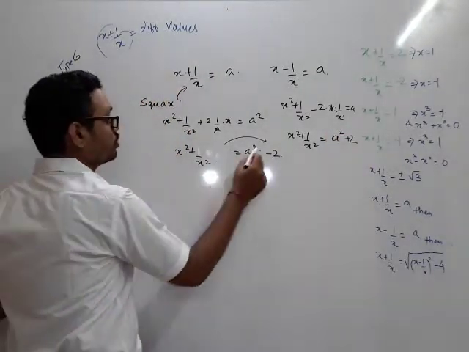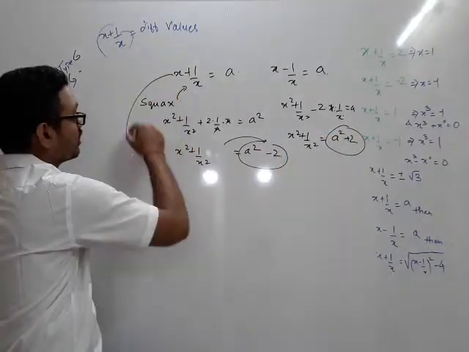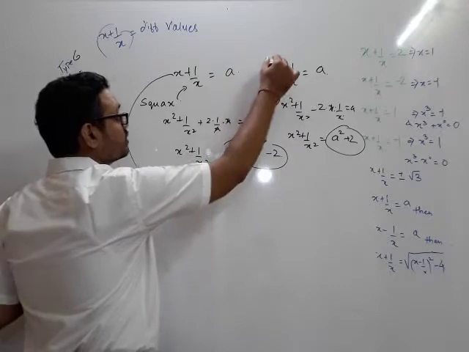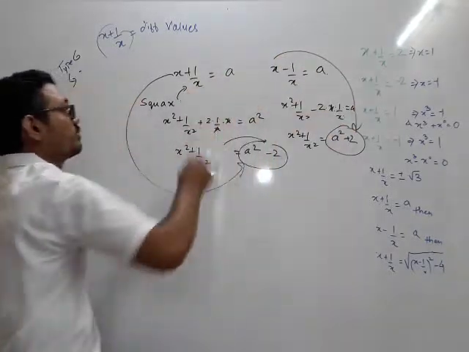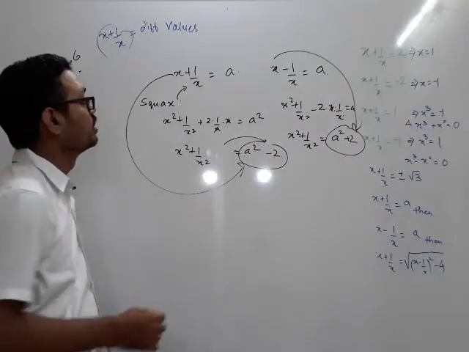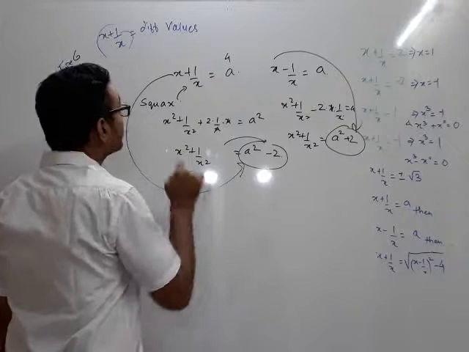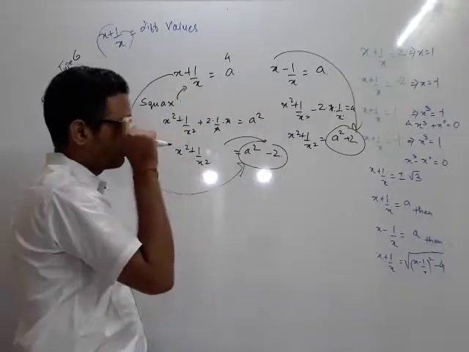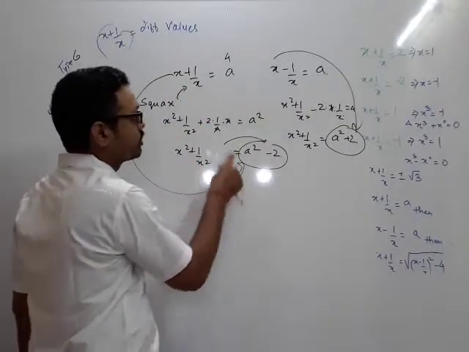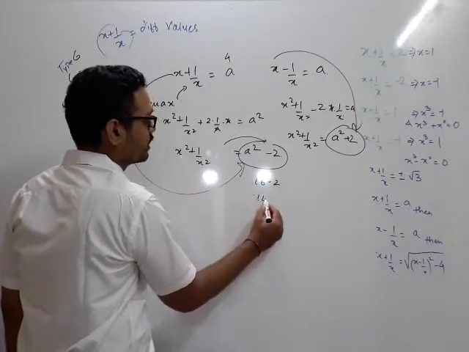Okay, so we have come down to a formula which means if x plus 1 by x is a, then x square plus 1 by x square is a square minus 2. Let's say x plus 1 by x is given as 4, what is the value of x square plus 1 by x square? It is 4 square minus 2, which is 16 minus 2, which is 14.